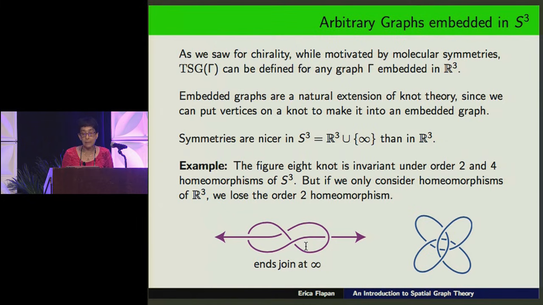The one on the right has a fourfold symmetry if you combine it with a reflection. But in any case, what you can see is that this nice symmetry of the one on the left, you wouldn't see it as a rotation if I put the graph in R3 rather than S3. So in general, we're going to use S3 because of the extra ability to have what we call glide rotations, which we don't have in R3.